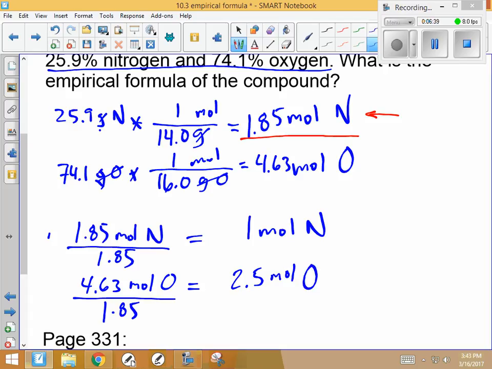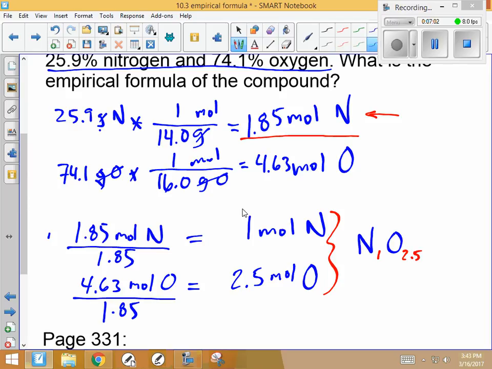Now let's take these numbers and create a molecular formula, or an empirical formula, I should say. Nitrogen comes first, and there'll be an invisible 1 here. Oxygen comes next, and we have 2.5 moles of that, so we will put a 2.5 here.